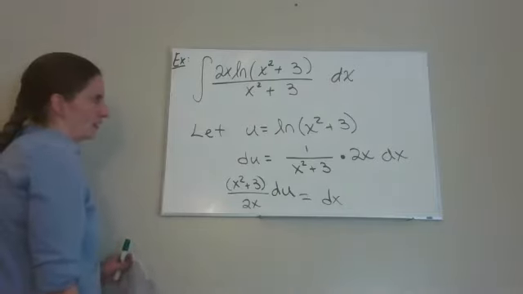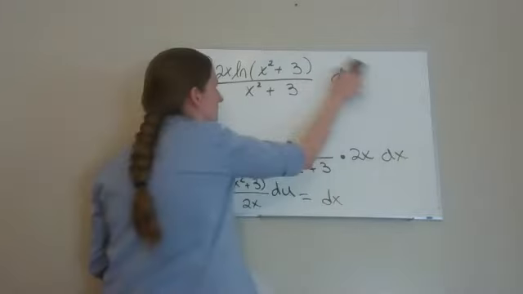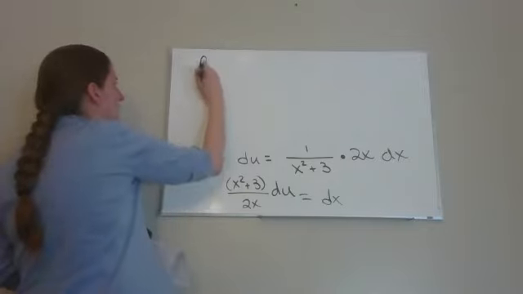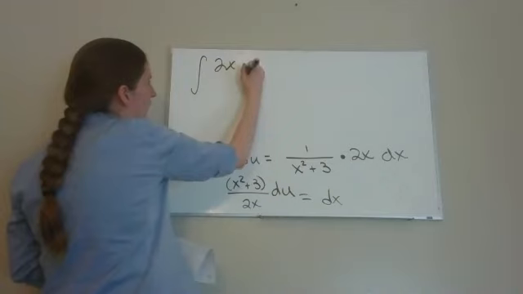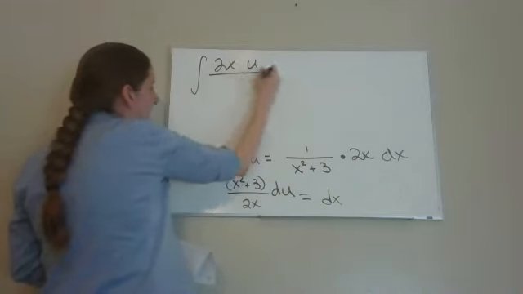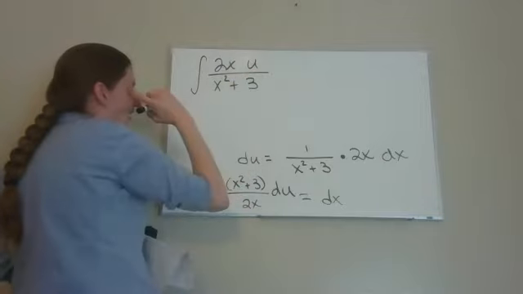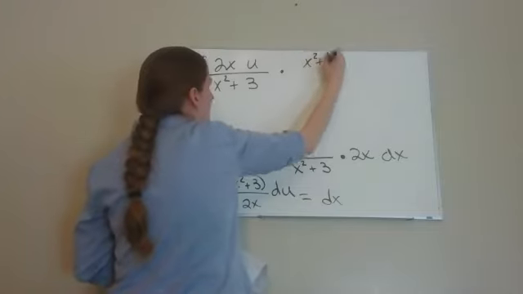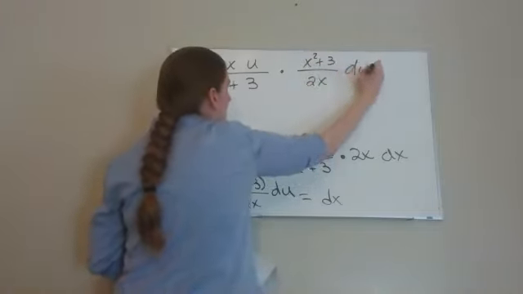All right, so now let's rewrite this problem. If I rewrite my integral, I had a 2x, my natural log is now going to be my u. I had an x squared plus 3 in the denominator, and now my dx is (x squared plus 3) over 2x du.